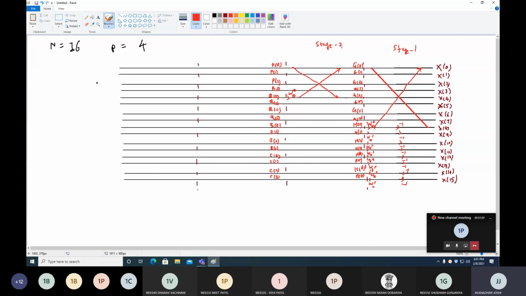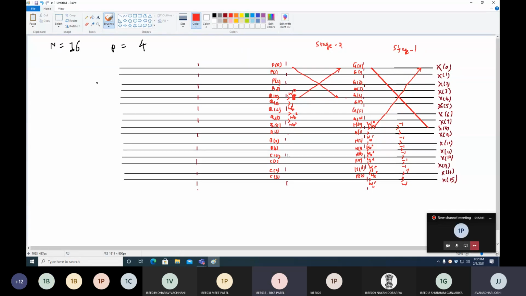W_N by 2, તો N by 2 આવે તો શું આવે? This is 16. Okay, so W8. You are correct. What about the second one? W8 raised to શું આવે? 1. પછી W8 raised to 2, W8 raised to 3. પછીના ચારમાં મૂકવાનું?